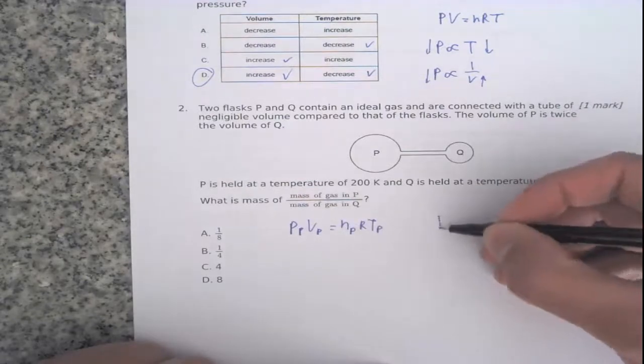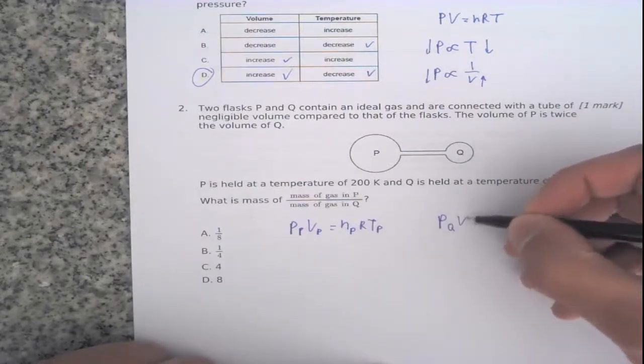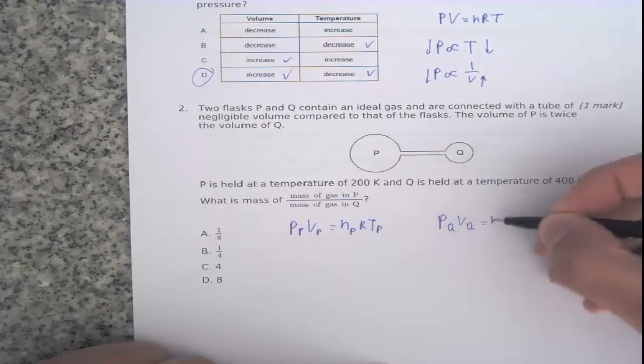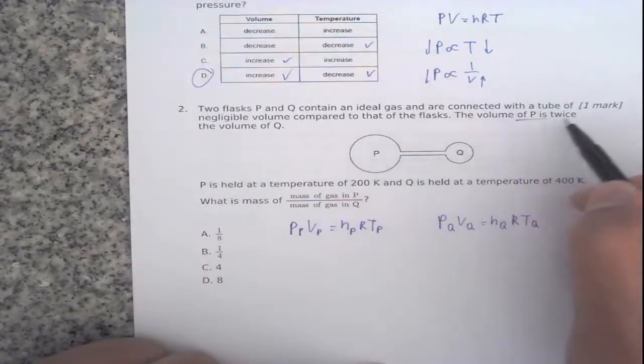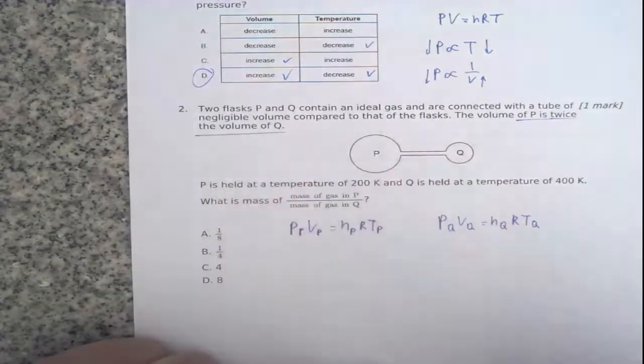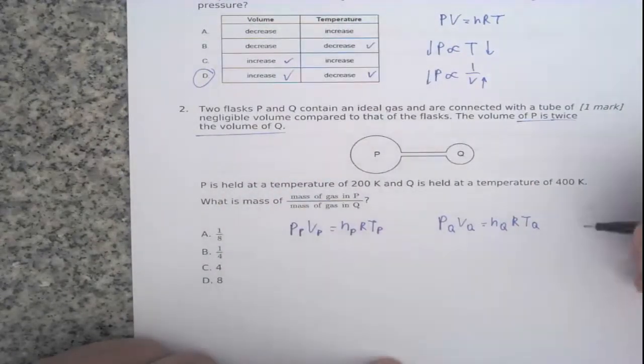And on the other hand, for Q, I have PQ VQ equal to NQ times R times TQ. Now I know that the volume of P is twice the volume of Q. So here, the volume of P is 2 times the volume of Q.